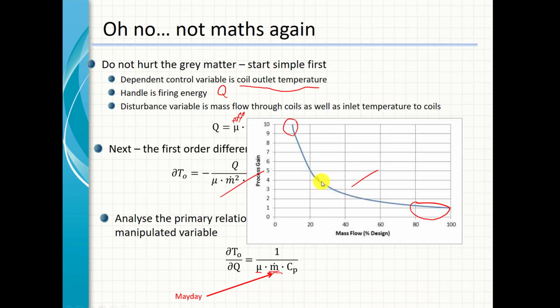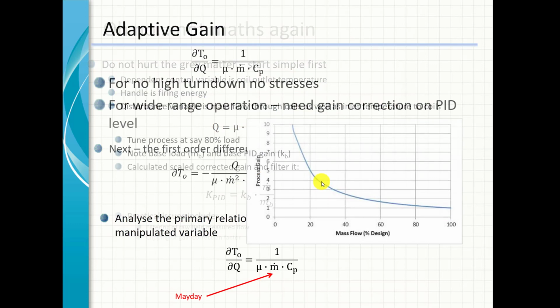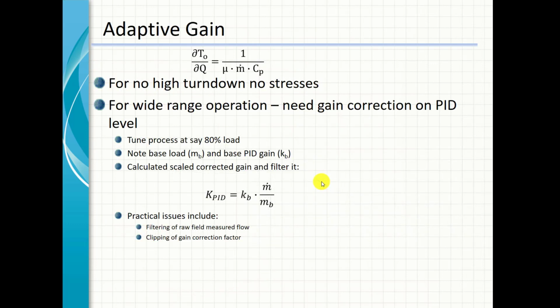So the question is, well, okay, if we know it's not linear, is there a way to resolve it on the base layer? If we know that we're never going to worry about turndown and those are not the issues, then we leave it. For a wide range of operation, we need to correct the gain based on load.